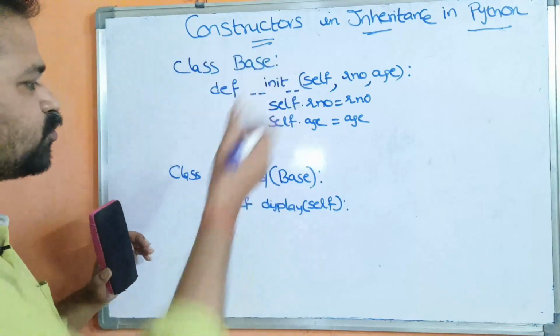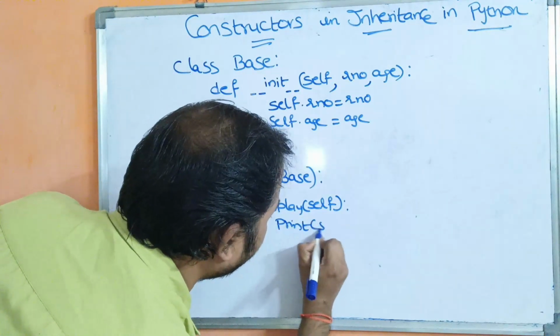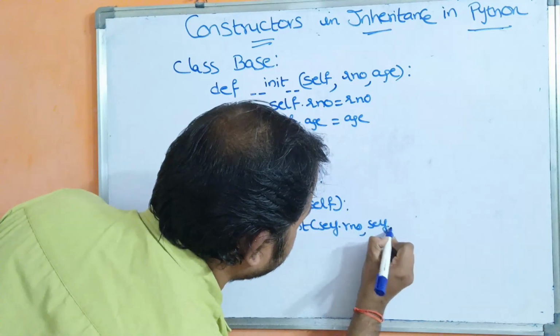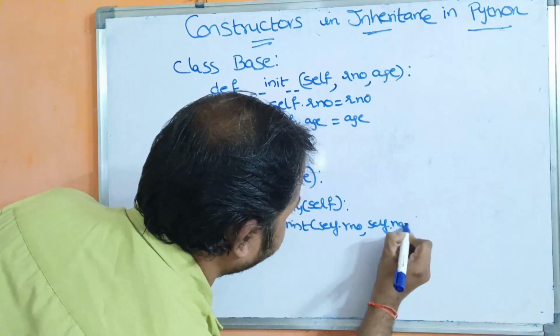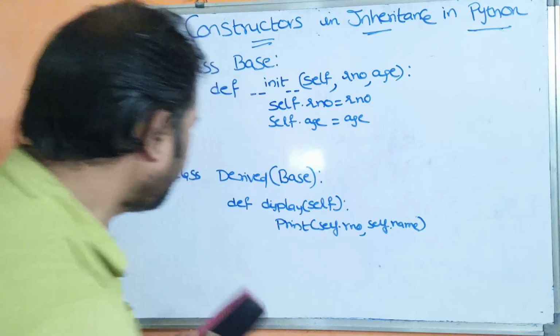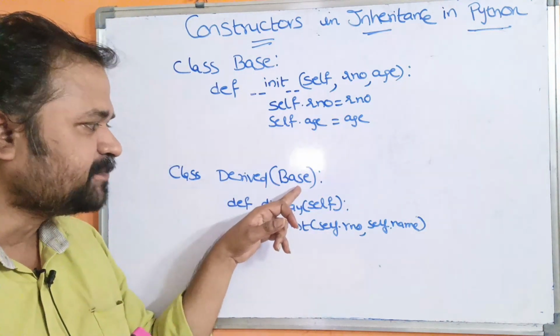Let us display the roll number and the name. So print self.roll_number, comma, self.name. Here this is nothing but the derived class which is inheriting from the base class.